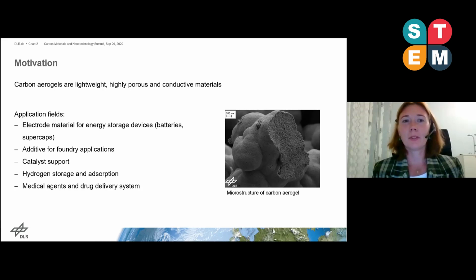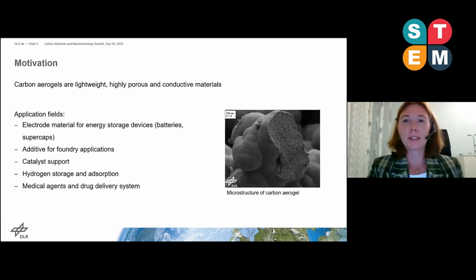Carbon aerogels are mostly produced from organic aerogels, and they found a very broad application as an electrode material, for example, for energy storage devices, for batteries or supercaps, also as an additive for foundry applications, as a catalyst support or for hydrogen storage and adsorption applications, and also as a medical agent and drug delivery system.